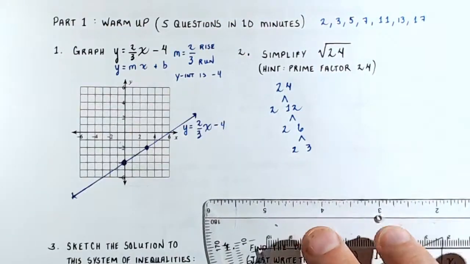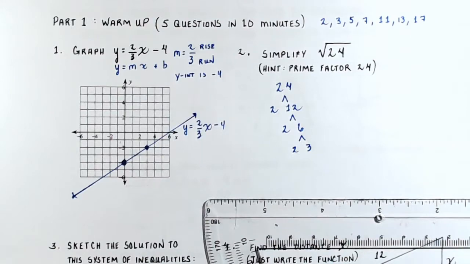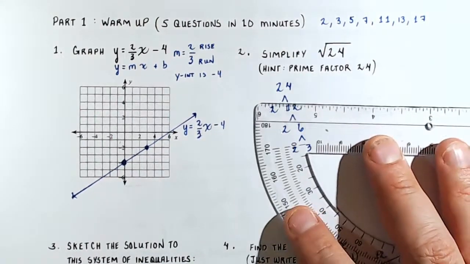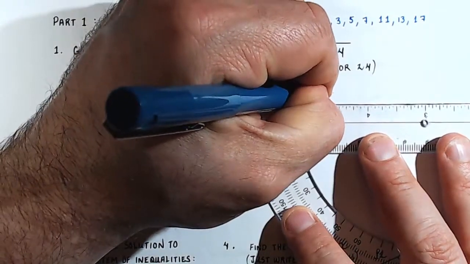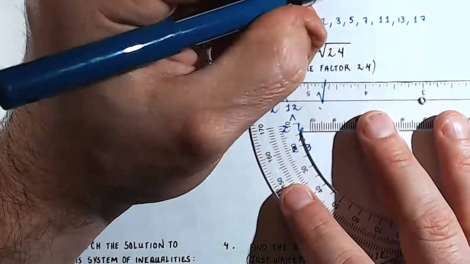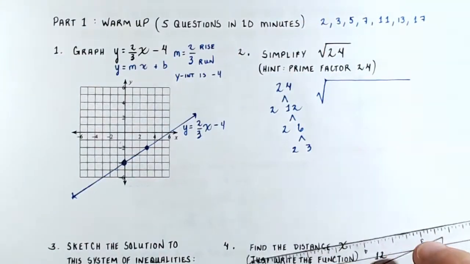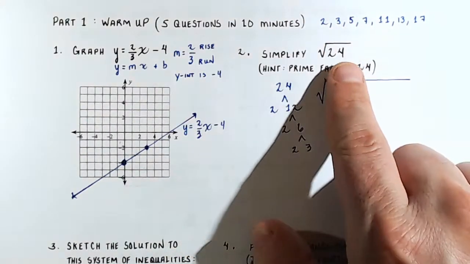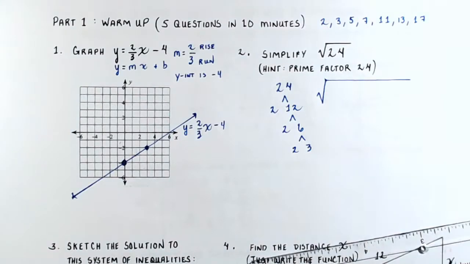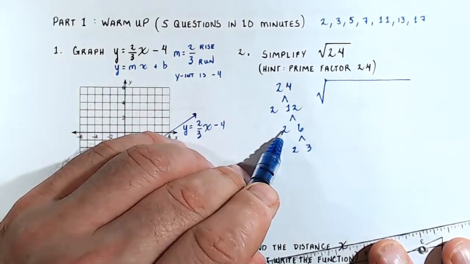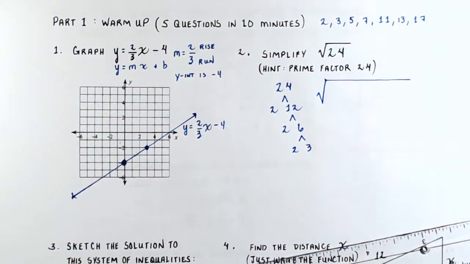Okay, so now I've broken 24 down into prime numbers. So what I want to do next is rewrite this square root, but I want to rewrite it and make it really long like this. Instead of writing 24 inside the square root symbol, I'm going to write the product of each of these prime numbers multiplied together.